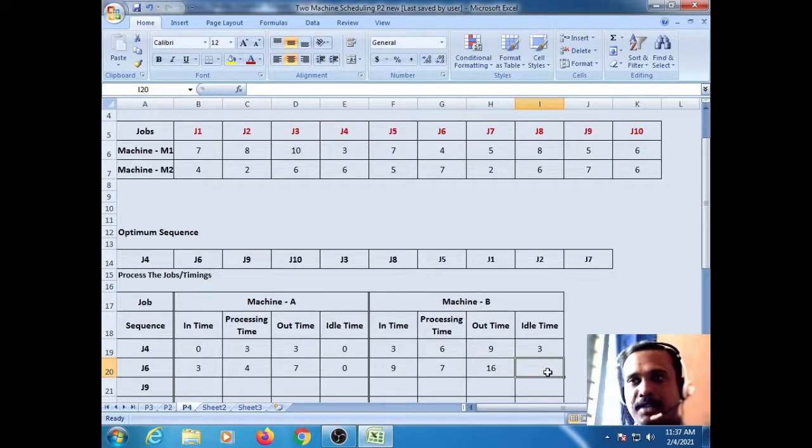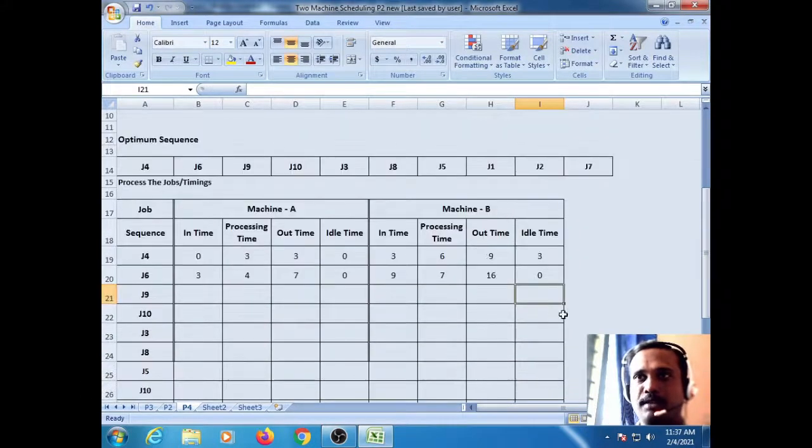For calculating the idle time, what do we have to take? We have to take the previous job out time minus present job in time for the same machine. So here we will get 0.